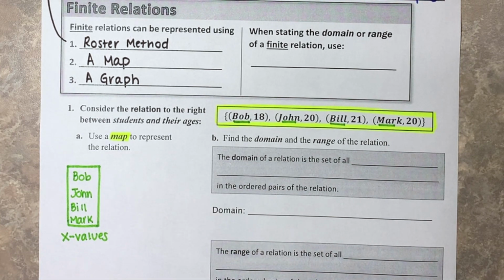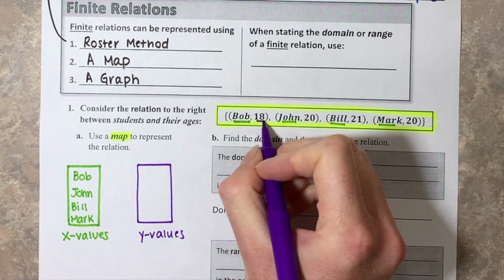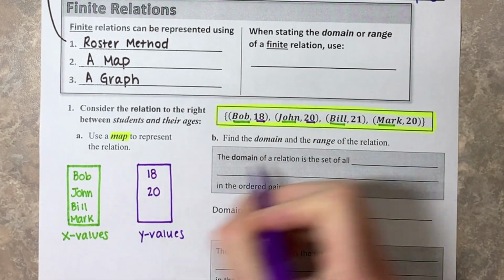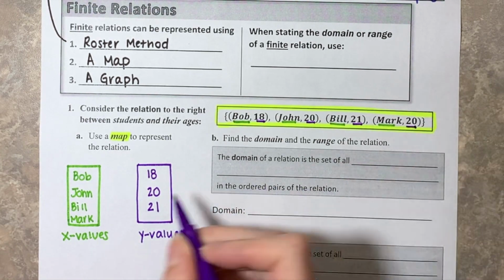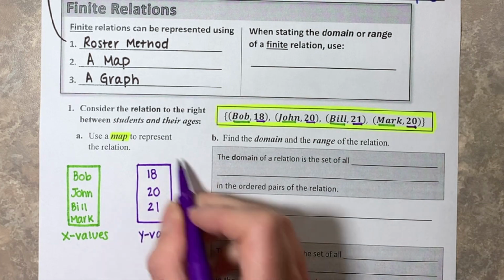Next, we draw a second box, and in this second box, we list the y values. So let's see, we'll list 18 and 20, 21. So we've already written down 20, so when we're listing our y values in our map here, we don't repeat.